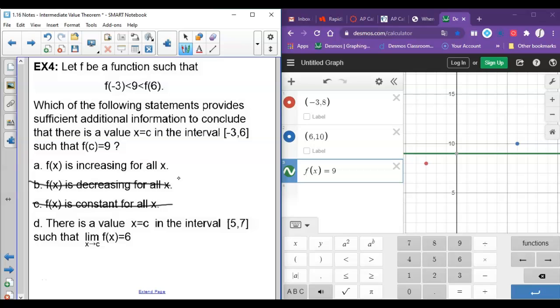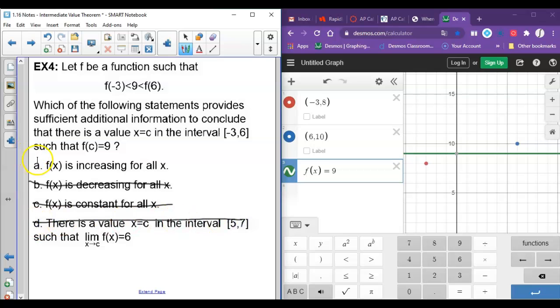Now, first of all, we're looking at f of c equals 9, so this really doesn't make sense to say anything about 6. 6 would be down here, and we're talking about between 5 and 7, that would be here and here. We have a y value of 6 for our limit. That really doesn't have anything to do with what we're doing here, so D is out.